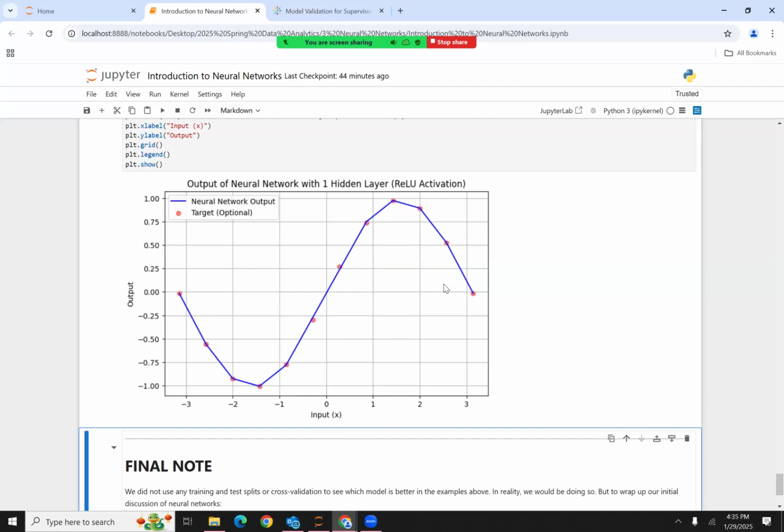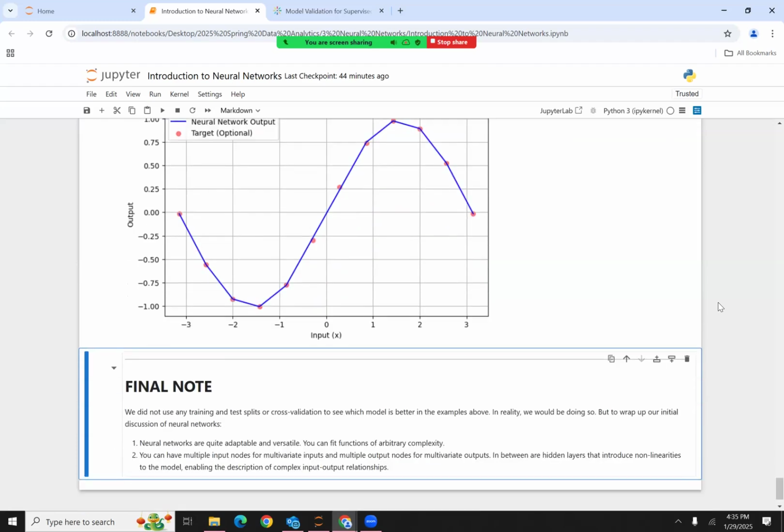And that's fascinating. Going from one hidden neuron to 10 hidden neurons, we were able to replicate the data trends very, very well. And that's what we mean by a neural network being extremely versatile and scalable. And it's almost considered to be a universal algorithm to fit most nonlinear functions. So with that demonstration of simple neural networks, just to recap, as I mentioned, neural networks are extremely adaptable, extremely versatile, and can fit functions of arbitrary complexity.